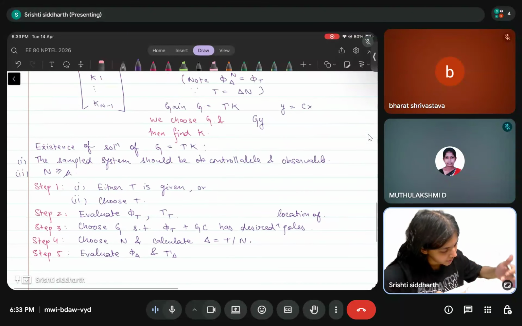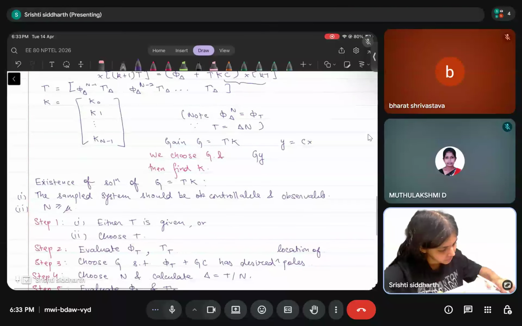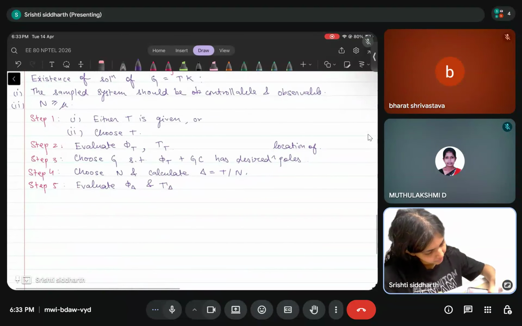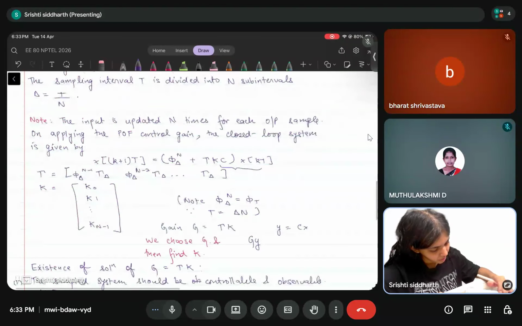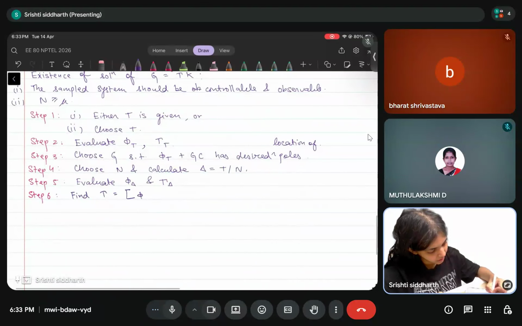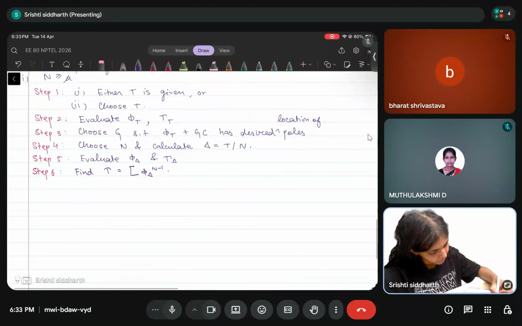So then we can find out gamma, which is phi delta to the power n minus 1 gamma delta, and so on till gamma delta.